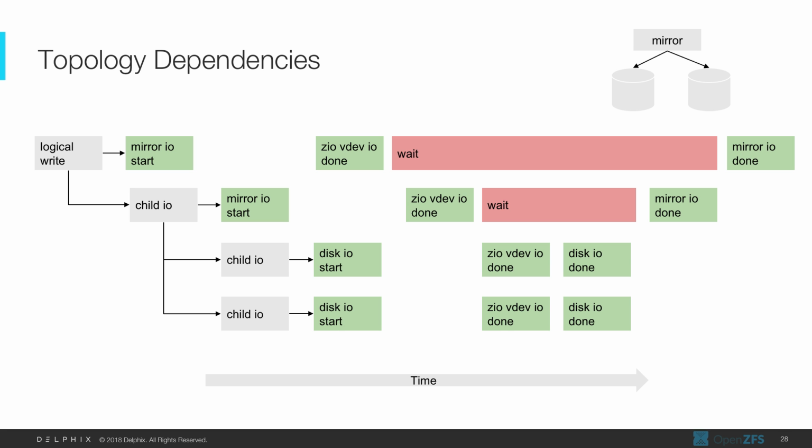They're also going to go to disk IO start. As time progresses, our logical IO moves to VDEV IO done. He stalls because his children aren't ready to complete. The child IO associated with the mirror also moves to VDEV IO done, and he's going to wait. He's now got to wait for the 2 disks that are doing IO to complete. So this kind of shows you how things progress through the system in a very simplistic way.